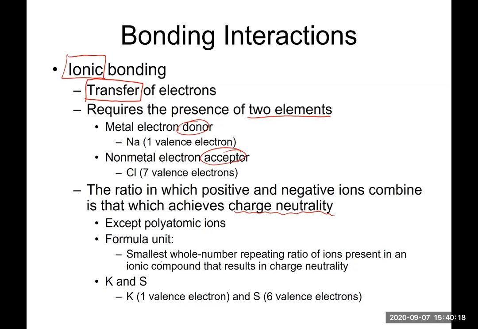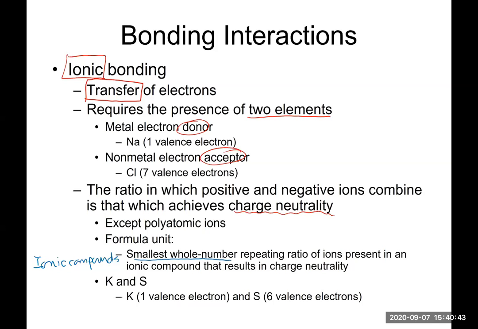Formula units for ionic compounds, and I just want to make sure you're aware, we're talking about ionic compounds. This doesn't pertain to covalent compounds. We have the smallest whole number ratio when we talk about ionic compounds. For covalent compounds, you may or may not have the smallest whole number ratio. So let's talk about potassium and sulfur.